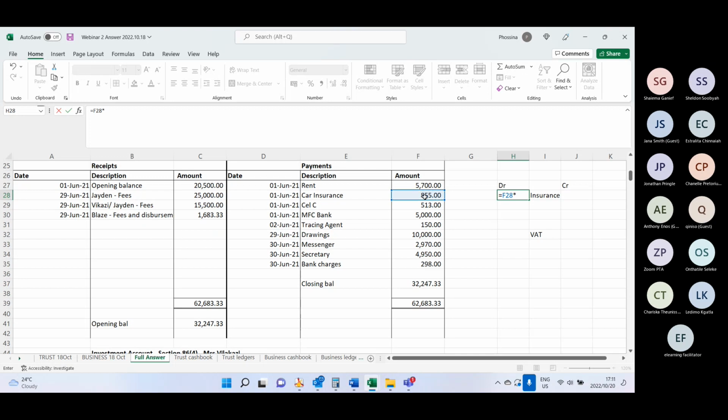And how much insurance? You see, like that. And on our VAT account, if you can look at it, this side, the credit side is now more, because remember the payment side is also the credit side. So it's now more. If we compare, we are short.